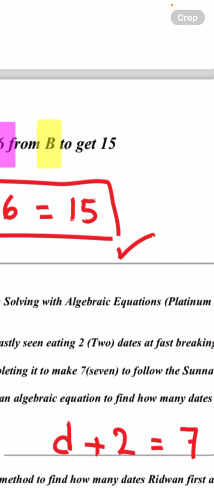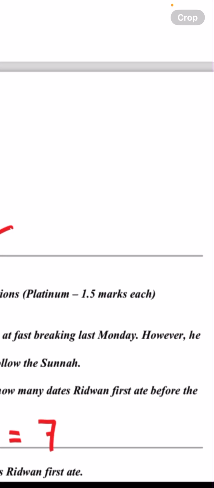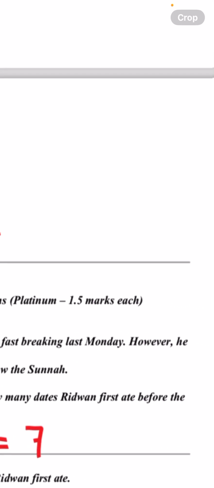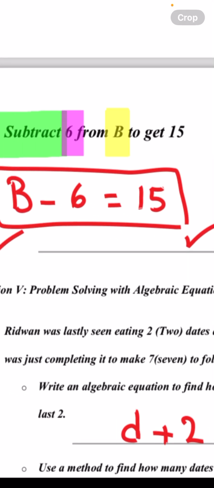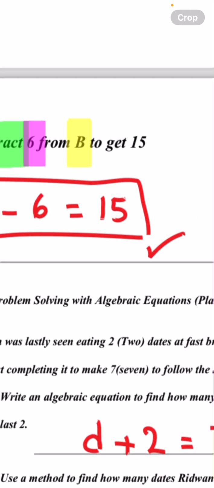Write an algebraic equation to find how many dates Ridwan first ate before the last 2. So we need the number of dates. We can represent it by any variable. Here we put d plus 2 equals 7, so we need to complete to 7. This is the equation: he said the number of dates he ate, then he added 2 to them, equals 7.